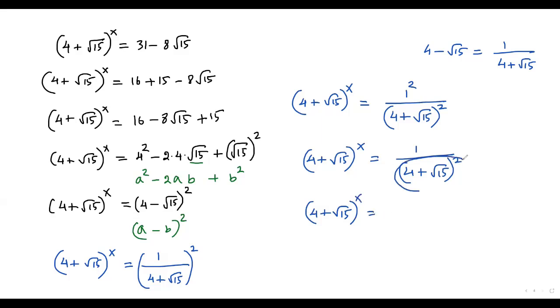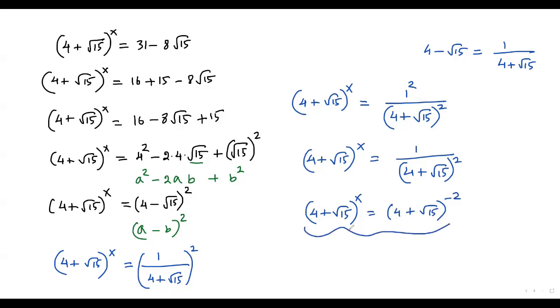Now if I move this (4 + √15)² to the numerator, it will be multiplied by 1. Whenever I move a term from denominator to numerator, I have to change the sign of the exponent. Here we have a positive 2 as the exponent, so when I move this term to the numerator, the exponent 2 becomes negative 2. Then I'm getting (4 + √15)^(−2).